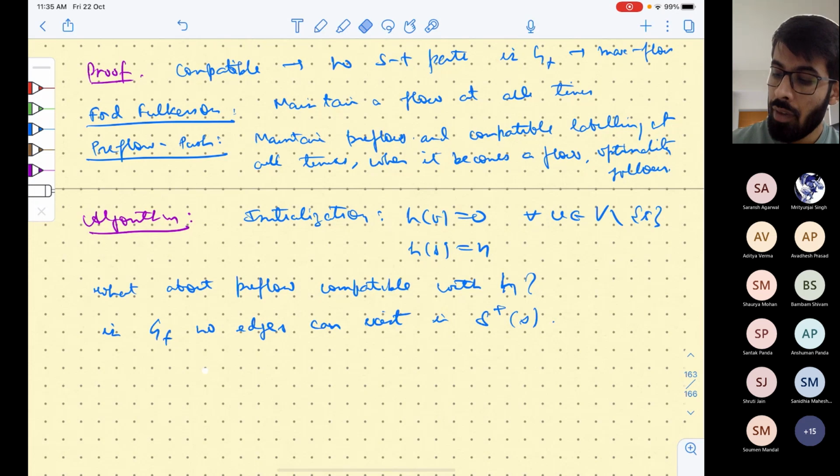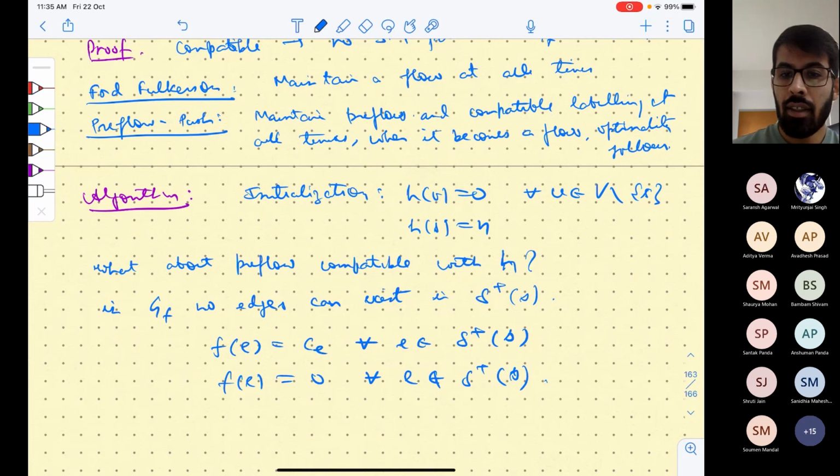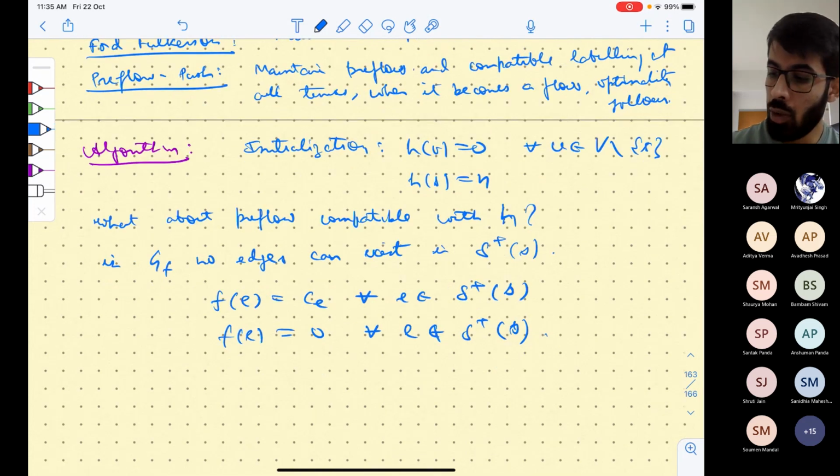So we put FE equal to CE for all E belonging to delta plus of S, and FE equal to 0 for all other E. Fine, so this is compatible. You can now see that these two are compatible.